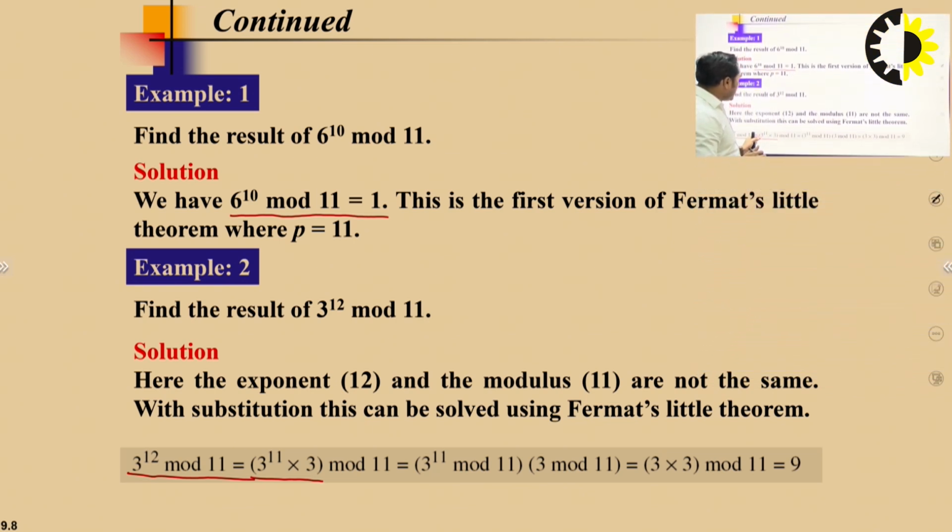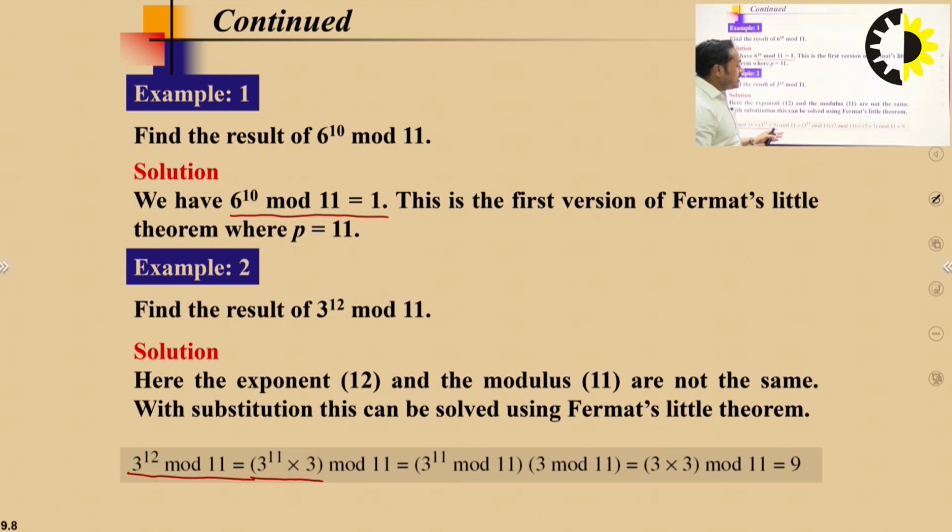You are going to split 3 raised to power 12 into 3 to the power 11 times 3, which mod 11 can be written in the form of 3 to the power 11 mod 11 and 3 mod 11.